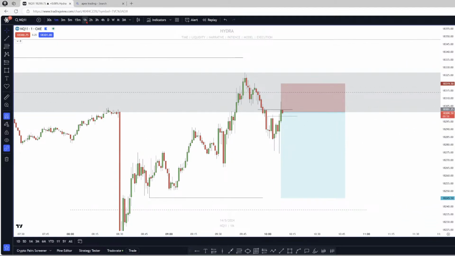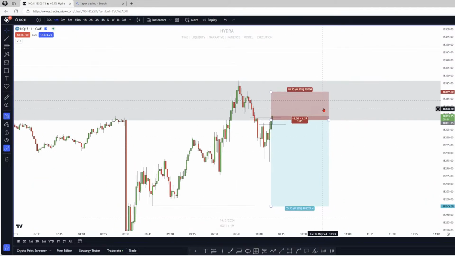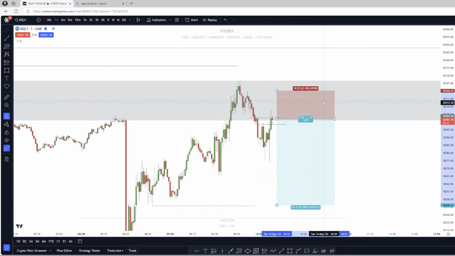This is our 4-hour strong resistance area. We tapped inside this rejection block, right? Usually we get to see high probability resistance coming from consequent encroachment. So let's wait. Consequent encroachment coming up here.